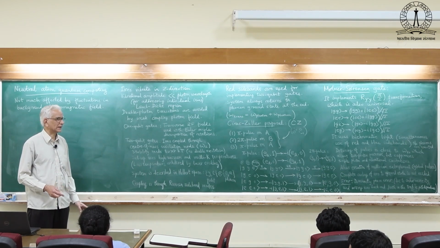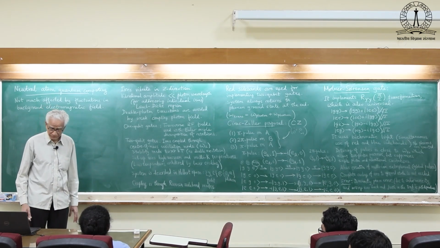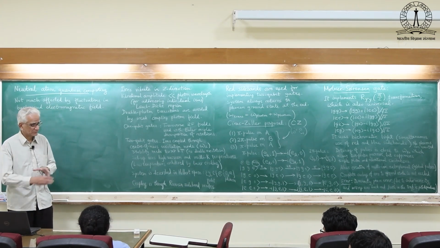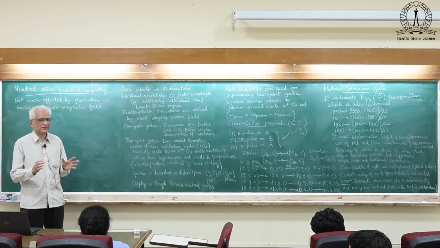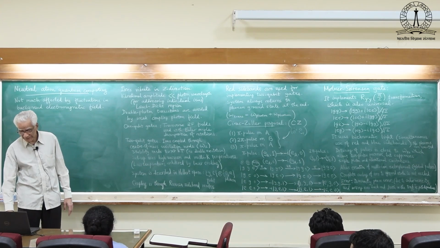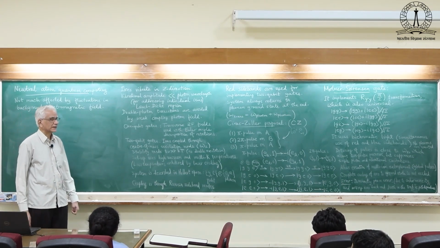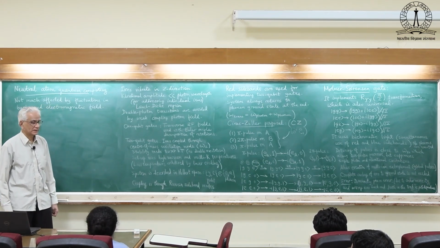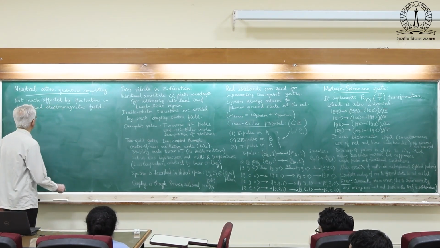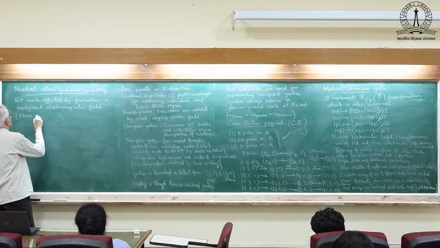Here the neutral atoms don't respond to the external field that much, so you can't use electromagnetic field in the same manner to trap them. And fortunately, there was a technique available much before all these things came along, and that is known as optical tweezers. So I will describe that next time.